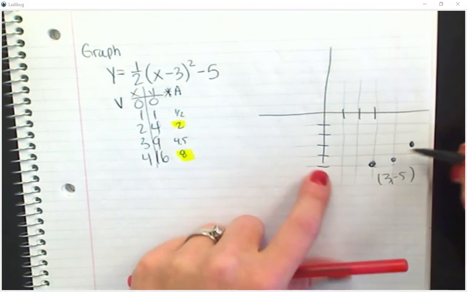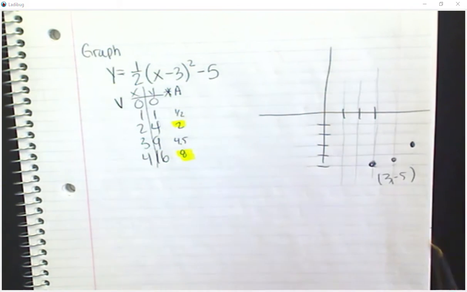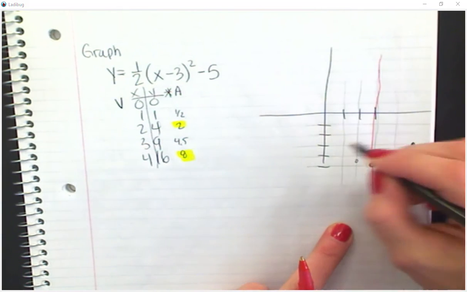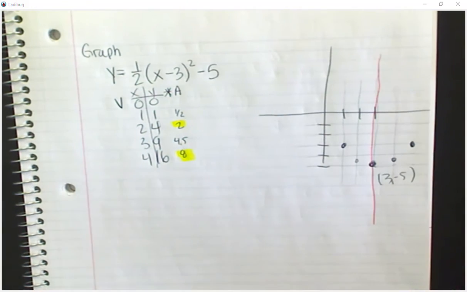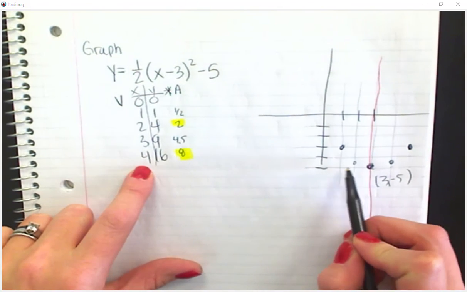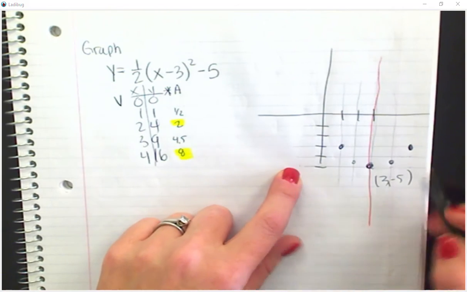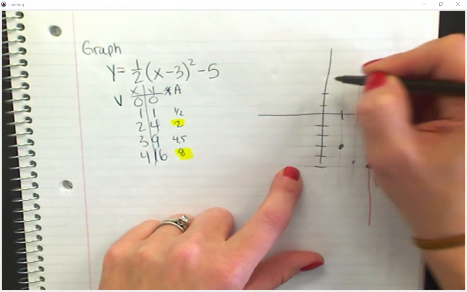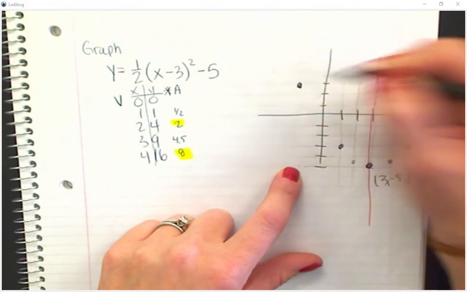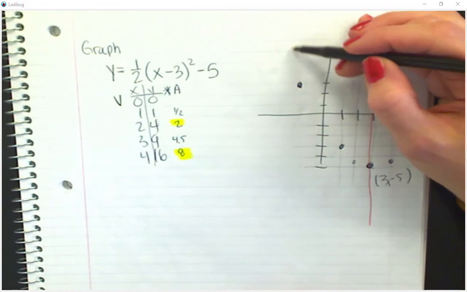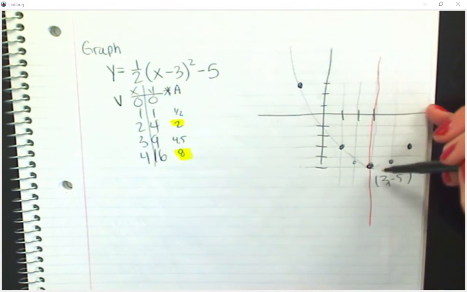Now they don't fit over here, so I'm going to use my symmetry and plot the other points. Okay, so if I count over 4, 1, 2, 3, 4, I count up 8. And I connect. Concave up.